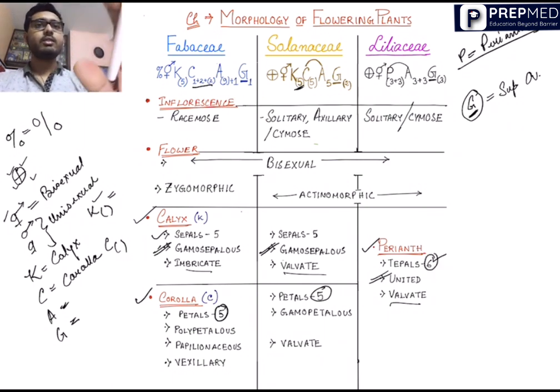As we had discussed previously, this is a multiple of 5, this is also a multiple of 5, and here it's a multiple of 3. Now let's see, are they together or are they separated? It's not together, so it's not within a single bracket. So yes, it is polypetalous. Yet here they are within a single bracket, so yes, they are together, so they are gamopetalous.